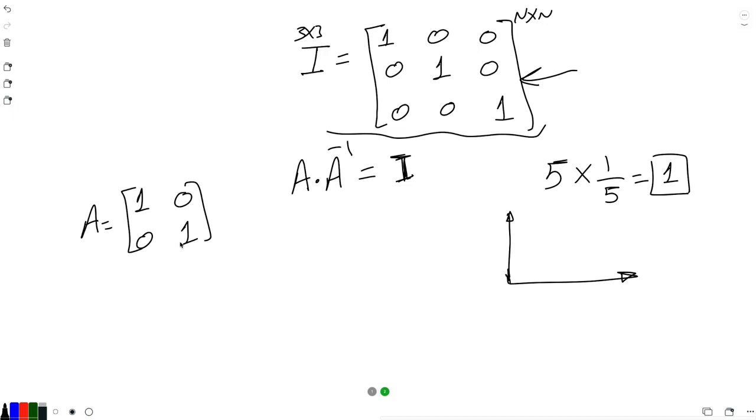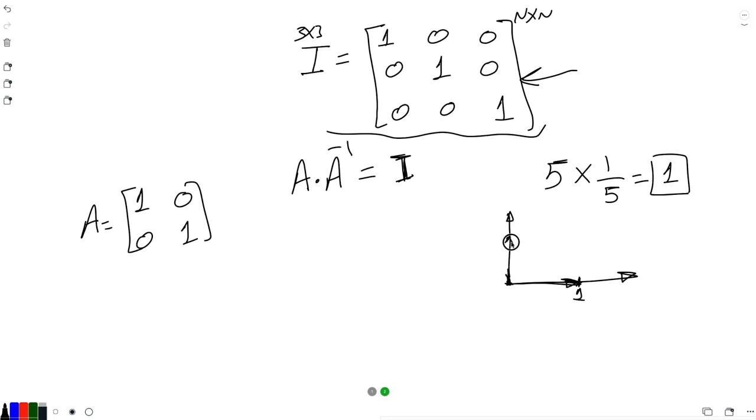What does this mean? This is our first column vector, it is 1 0, so it is 1 in the x axis, for example, and 0, and the second column is 0 and 1.